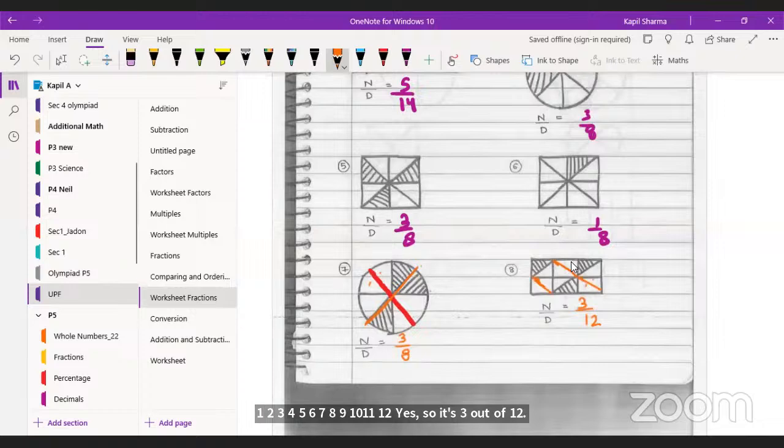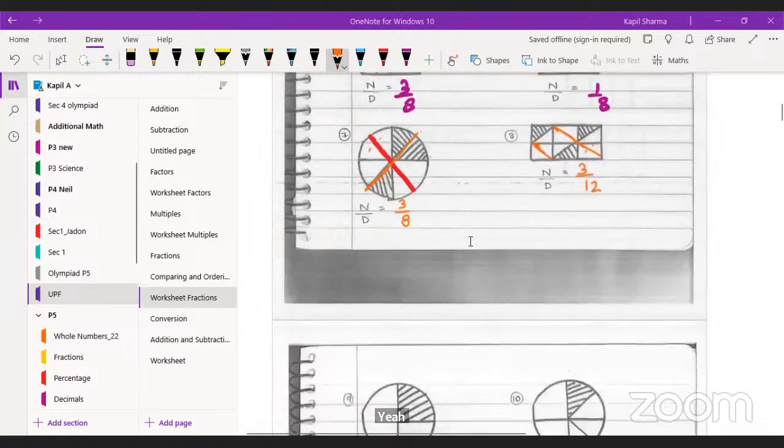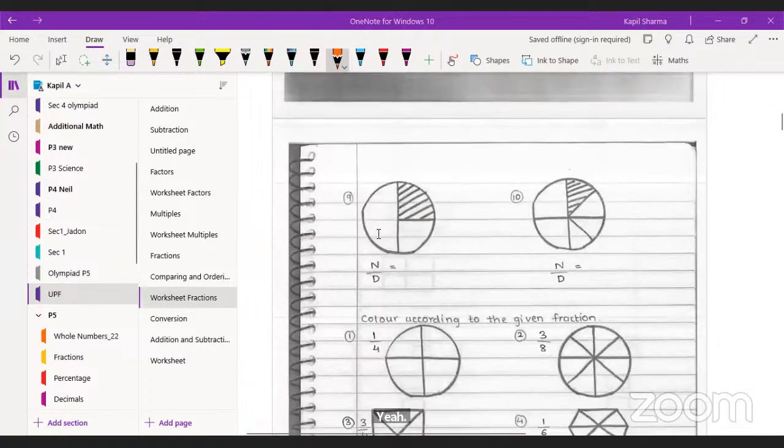Okay, Parth, Swastik. Is this clear, Parth? Okay, fine, good. Now, next one again, think. Question number 9. Yes, Devika, Swastik.